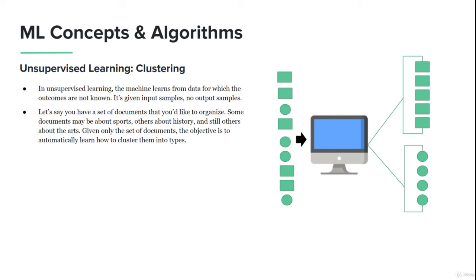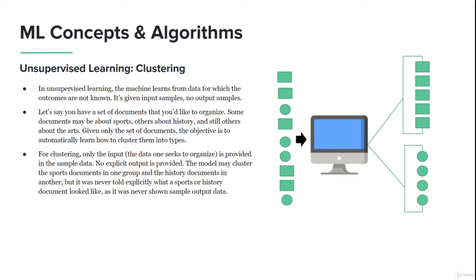The clustering is going to place them in those individual groups, right? For clustering, only the input, the data one seeks to organize, is provided. So we have the squares, the circles, or whatever that may be. We have that information, but we don't have the output, right? So no output is provided.